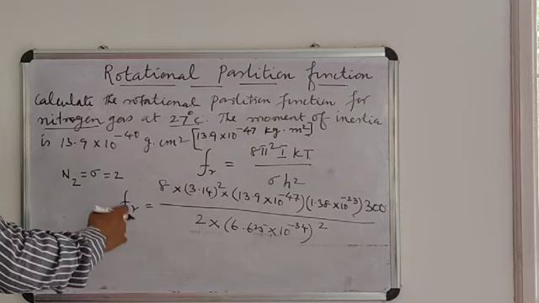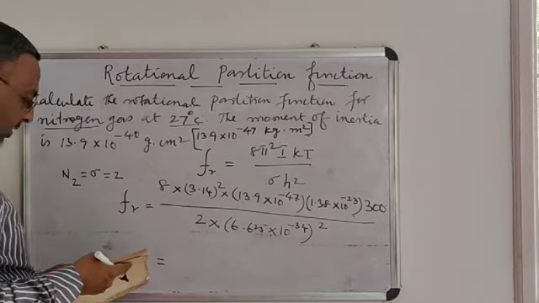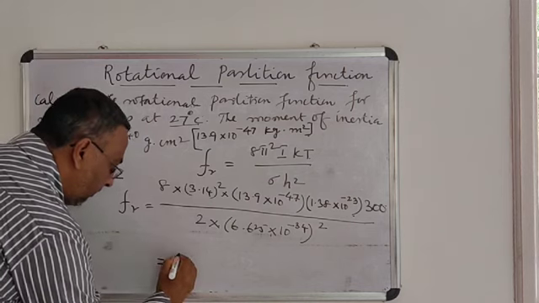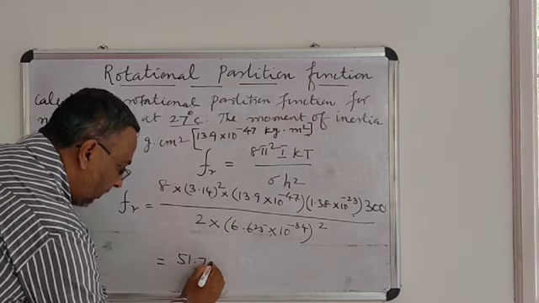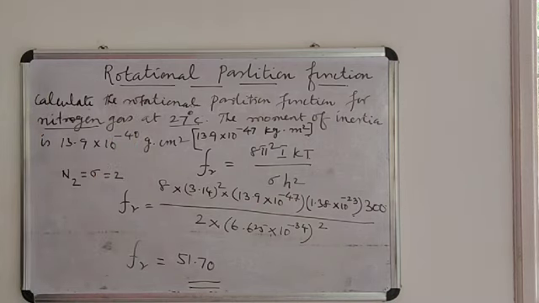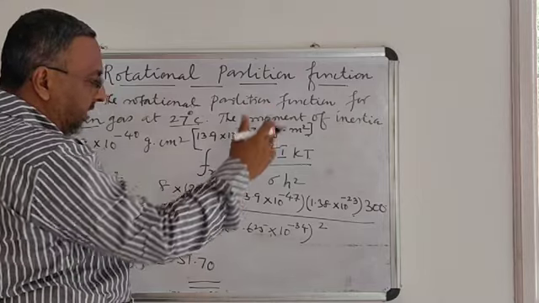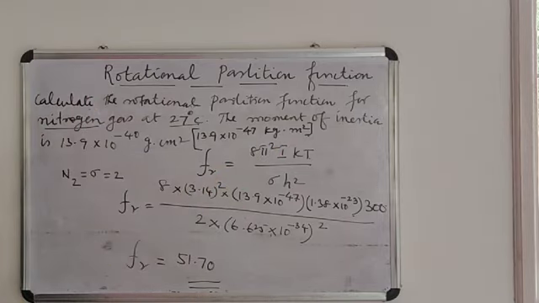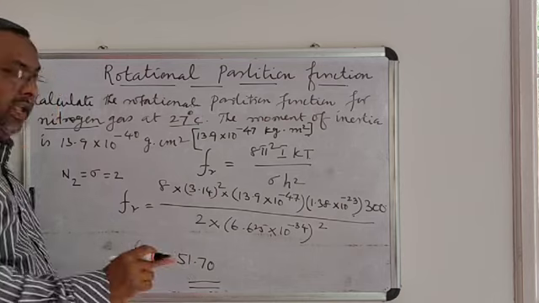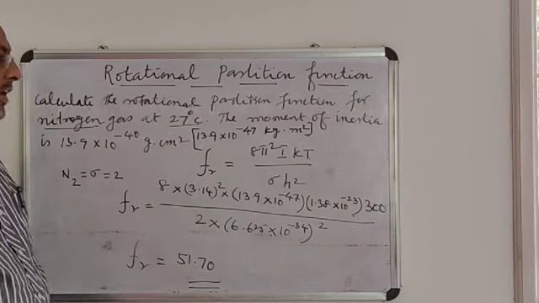Okay, when you simplify this, you will get the value of 51.70. This is the value of rotational partition function. It has no unit. You need not solve the unit because the unit in the numerator and the denominator will get cancelled, and it is only a numerical number. 51.70, it has no unit.